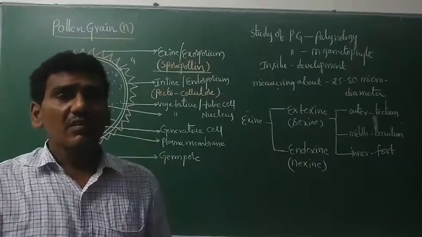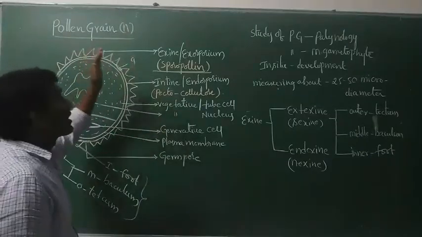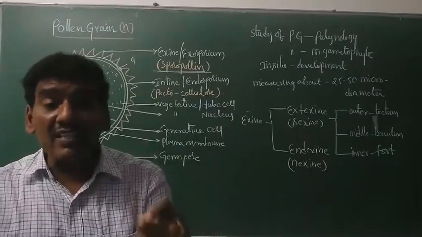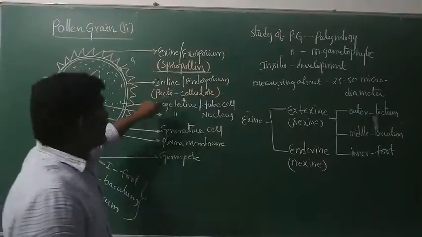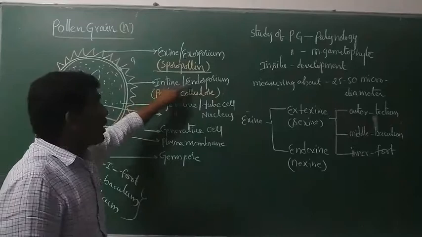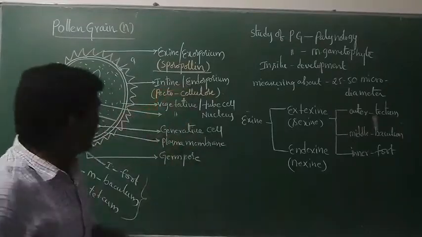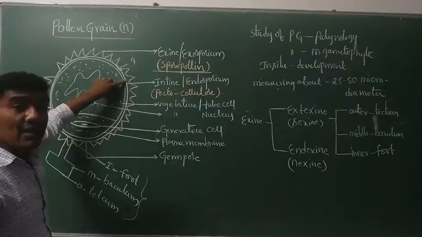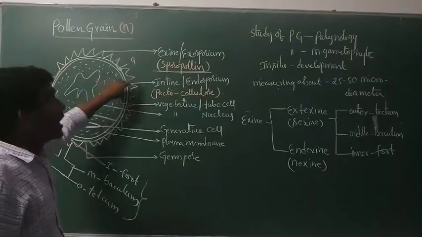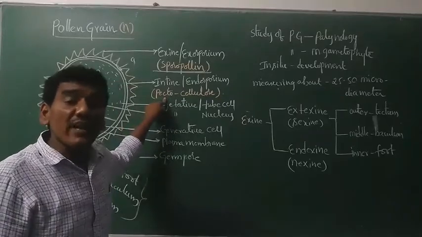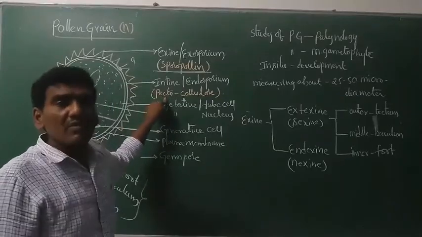This is the outer wall of the pollen grain. The inner wall of the pollen grain is known as intine, also called endosporium. It is a thin continuous layer made up of cellulose and pectin, also known as pectocellulose.